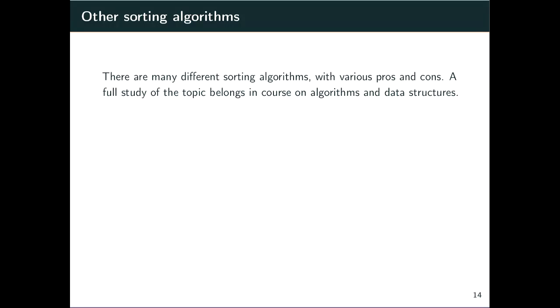Then maybe there's a better sorting algorithm to use because of that. So you can design your own algorithms depending on the data structure you've got. And so if you're going to learn more about sorting algorithms, then probably the course that you'd have to look to is something on algorithms and data structures.